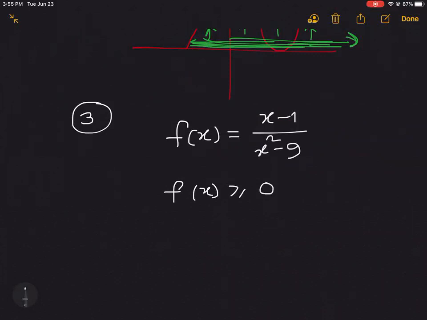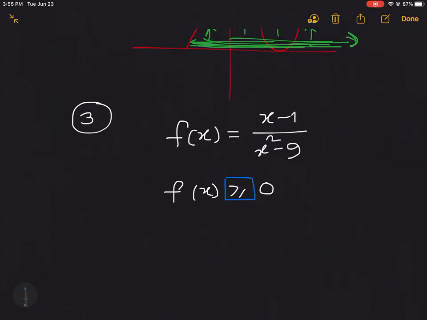That means x minus 1 over x squared minus 9 will be greater than or equal to 0. We want to solve it for x. We want to see for which values of x this will be true.